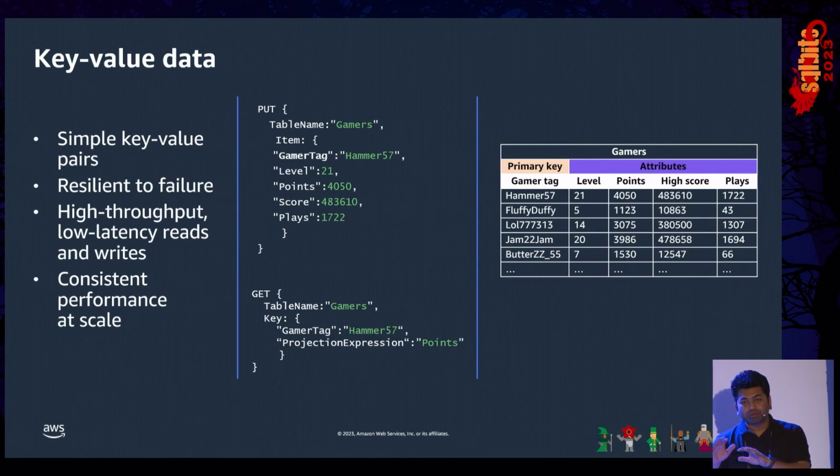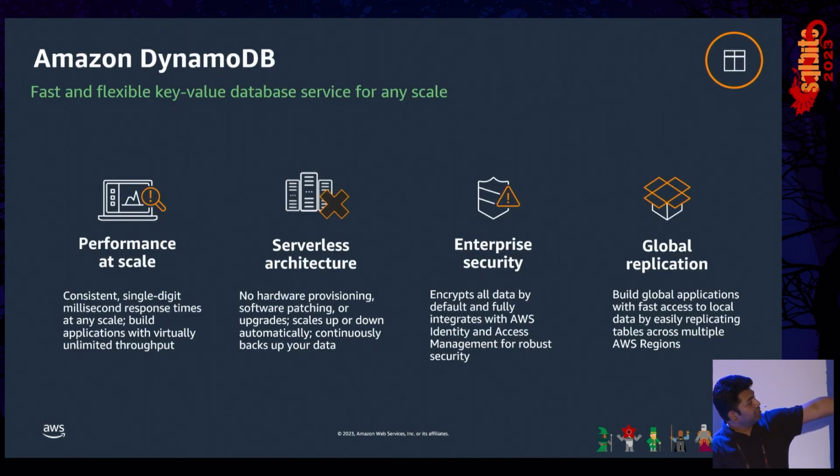So not a typical SQL query, you do an API call against DynamoDB, and it'll just perform at scale. The beauty of this is that you can have a serverless architecture, which means you don't have to manage any of the servers. It's enterprise-level security and performance at scale.